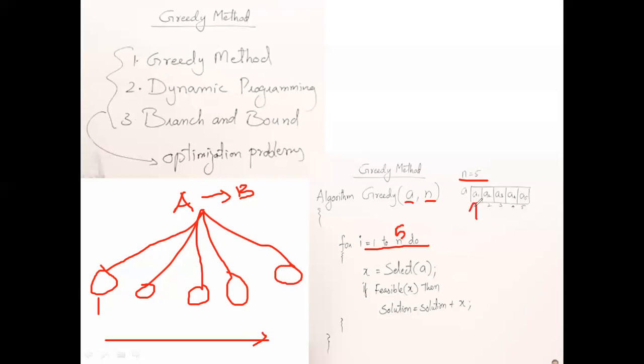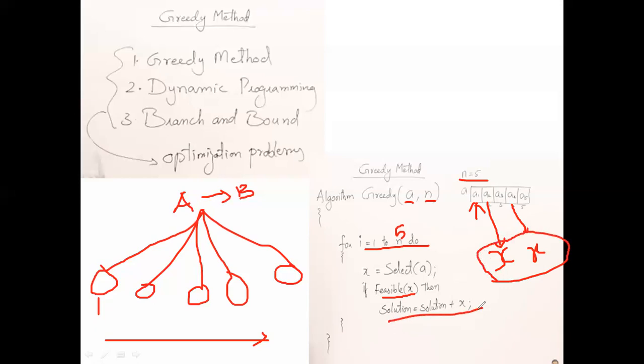First, you have to select A one by one. If it is a feasible solution, that result is X. Suppose A2 gives a feasible solution, it is X. A4 gives a feasible solution, that result is X. So if feasible of X, then you have to add that X to the solution.